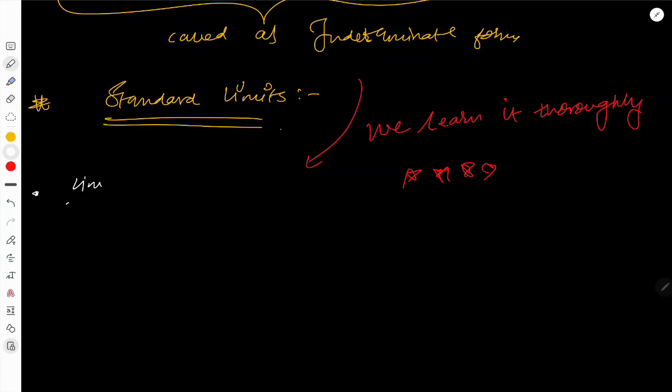Limit x tends to a, x to the power n minus a to the power n upon x minus a is equal to n times a to the power n minus 1.